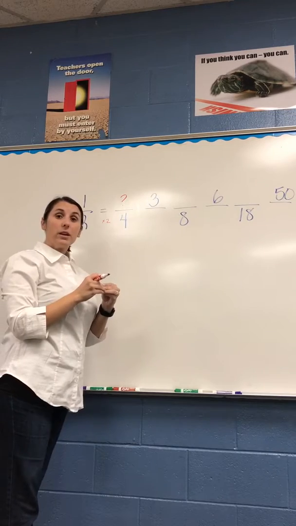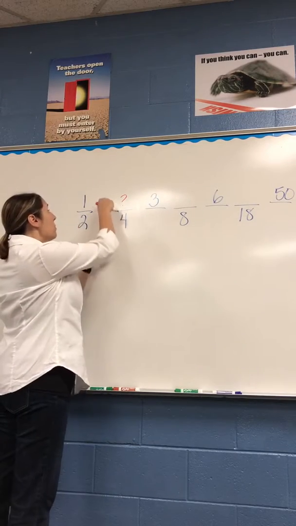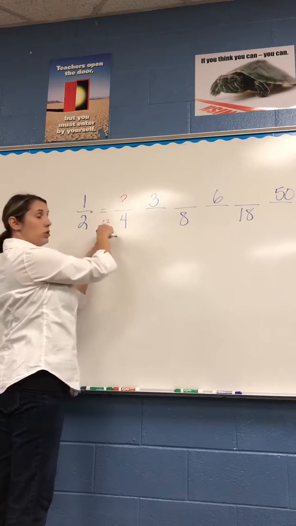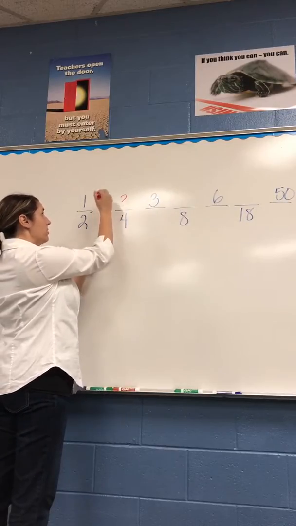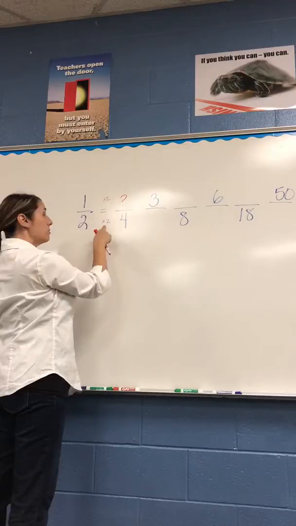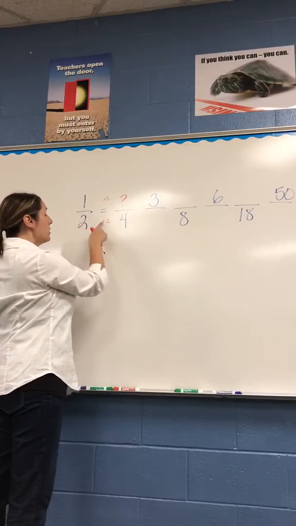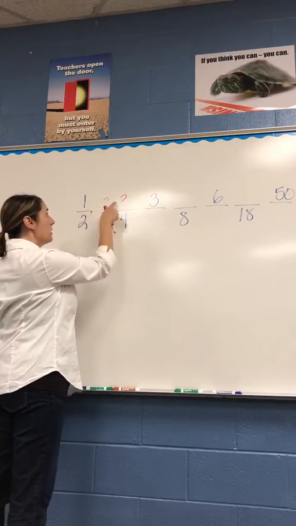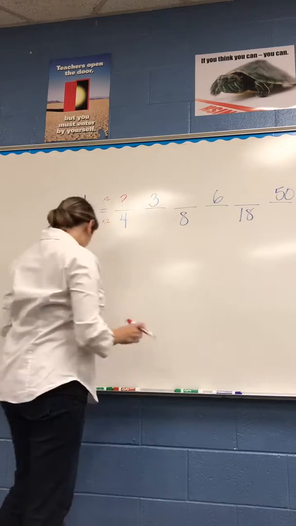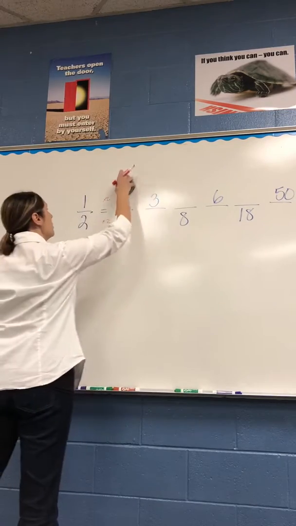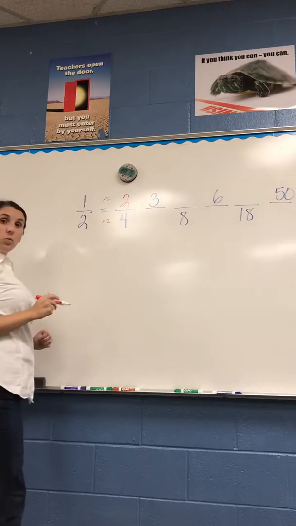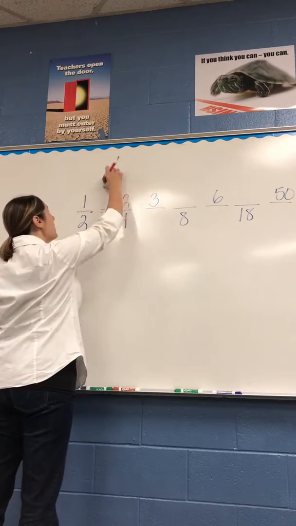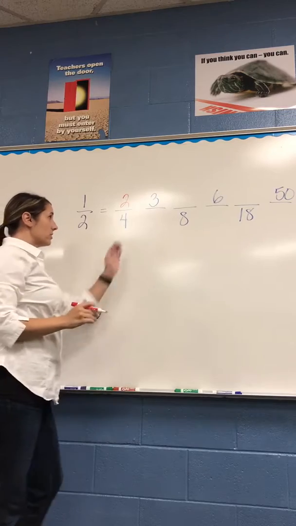Well, if my rule for making an equivalent fraction is multiply the numerator and denominator by the same number, what am I going to have to do here? Well, multiply by 2, right? 2 times 2 is 4. 1 times 2 is 2, right? So 2/4 equals 1/2, okay? That's how you find equivalent fractions.